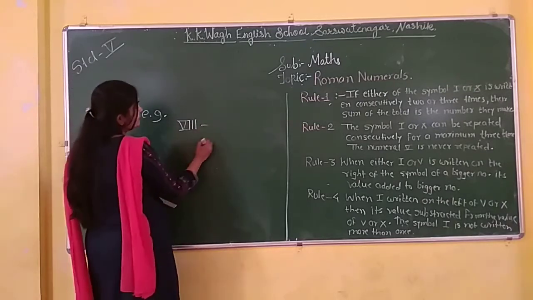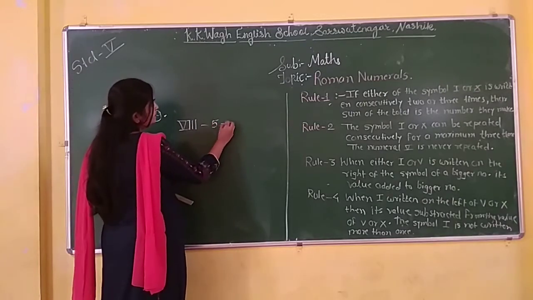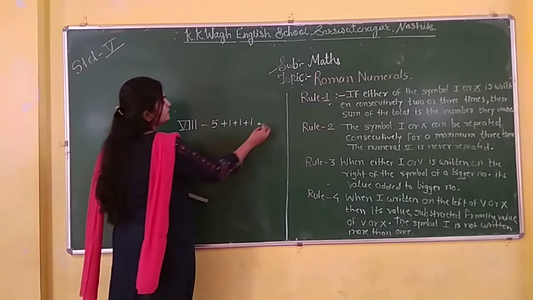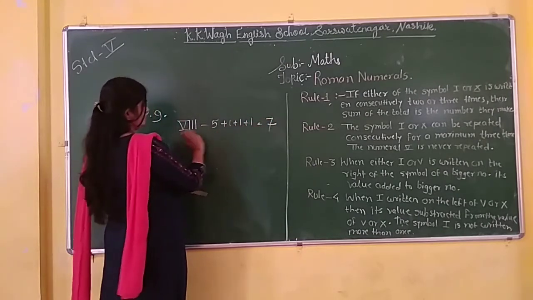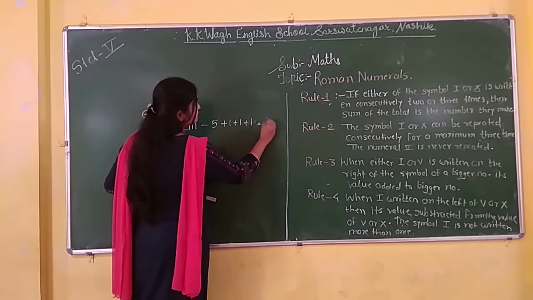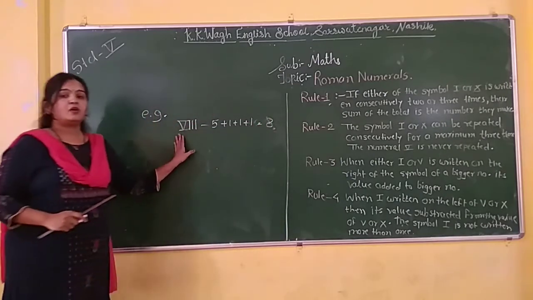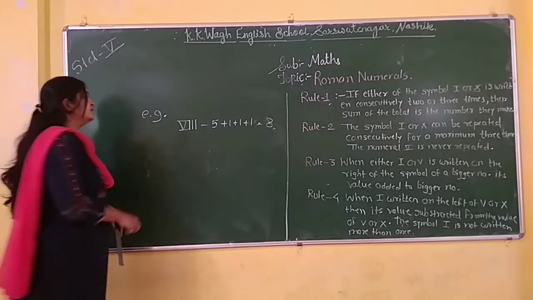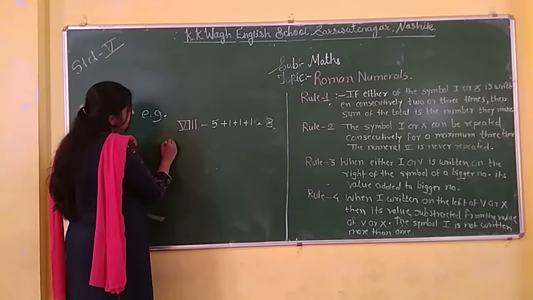You can look here: 5 plus 1 plus 1 plus 1 equals 8. So this is the symbol of 8. Understand? Now we will take another example.